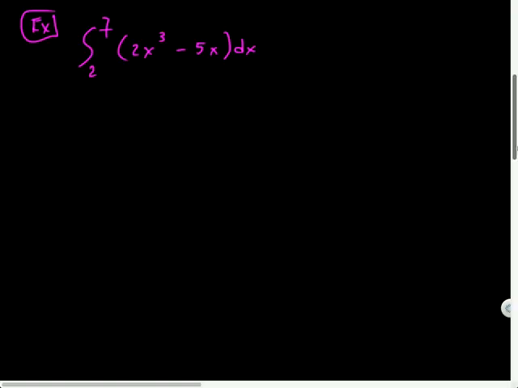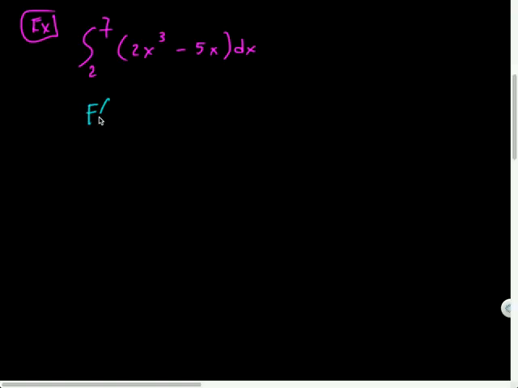So what this is saying is, if I find the antiderivative of this function, I can then just plug in 7 and 2 and subtract them. And it'll be awesome. And we're actually really good at finding antiderivatives, if I remember. Well, I hope. Maybe.